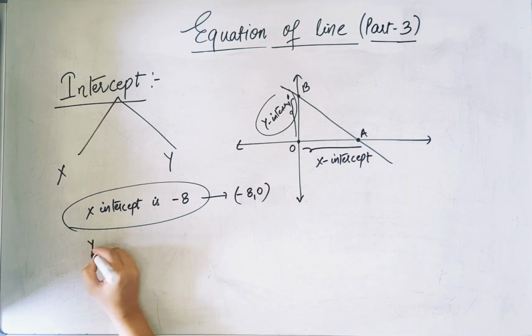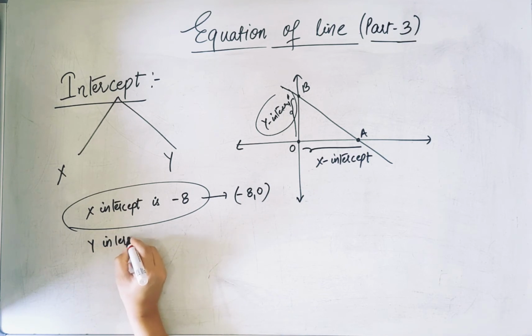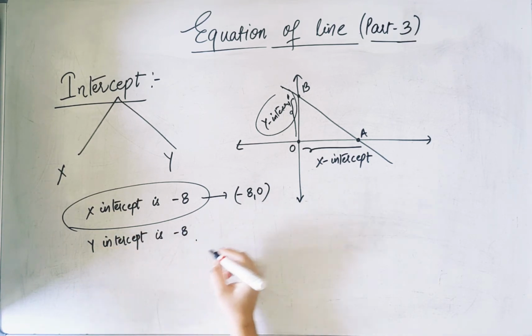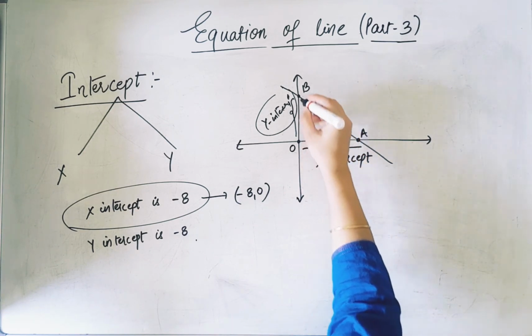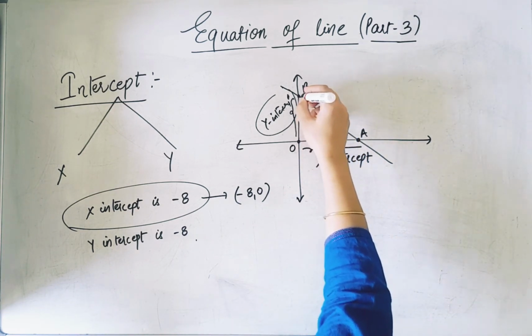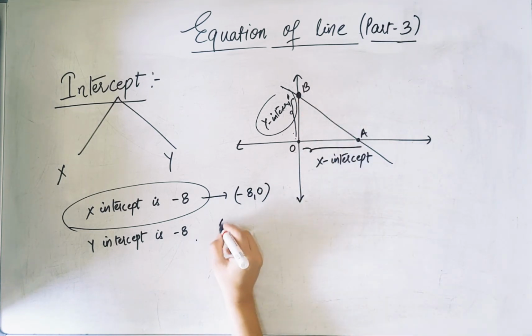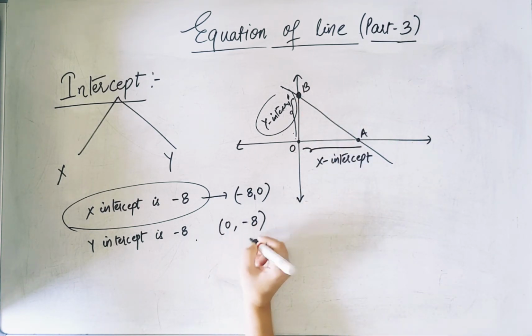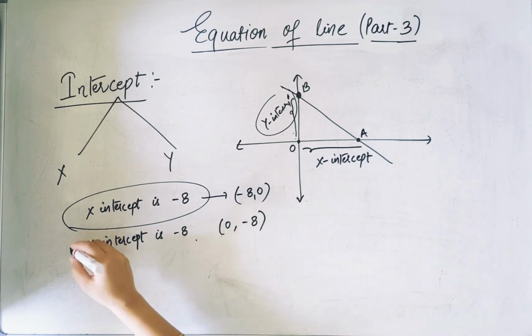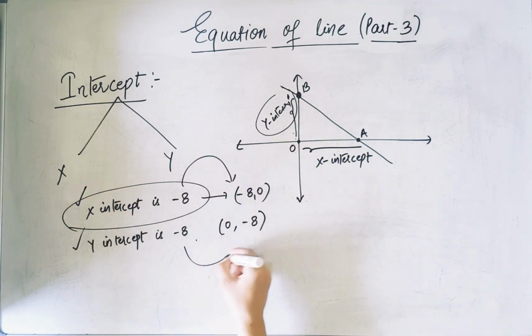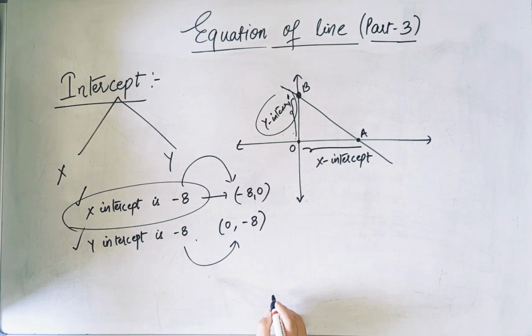If they have given y-intercept is -8, that means the distance of that point from origin is -8, so this coordinate will be 0, -8. So this is how, if intercepts are given, we can find the points of that line.